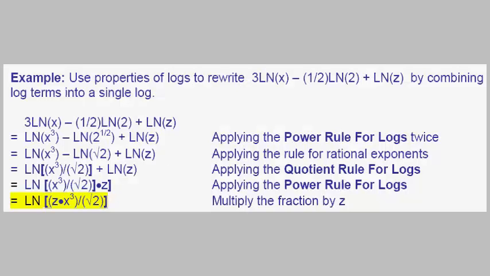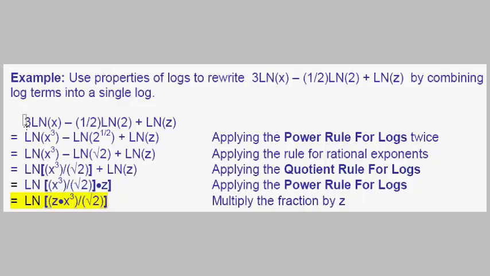In this example, we're going to use properties of logs to rewrite 3 times the natural log of x minus 1/2 times the natural log of 2 plus the natural log of z by combining log terms into a single log.